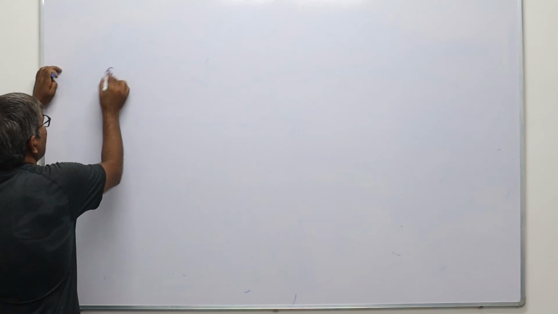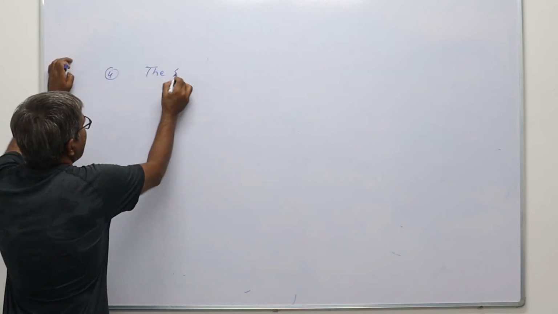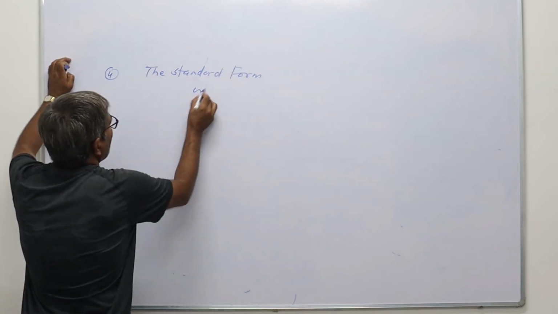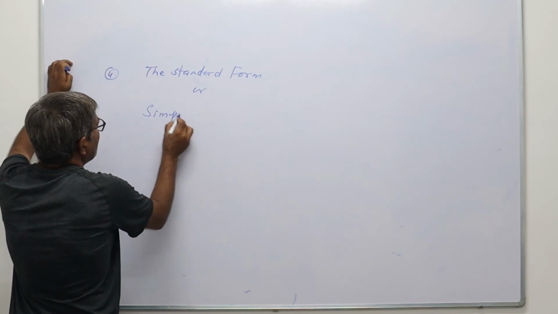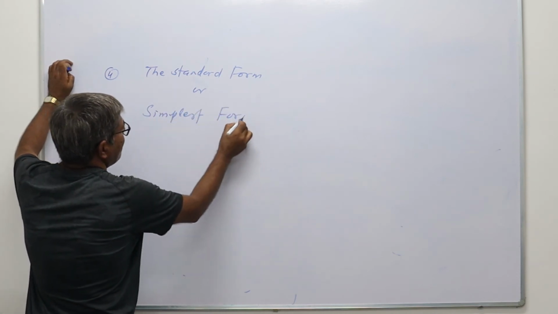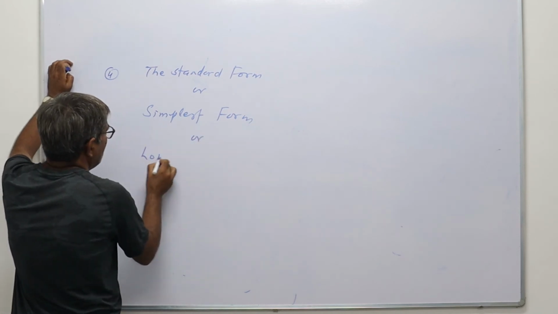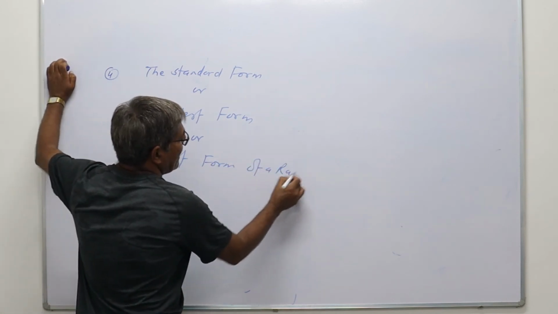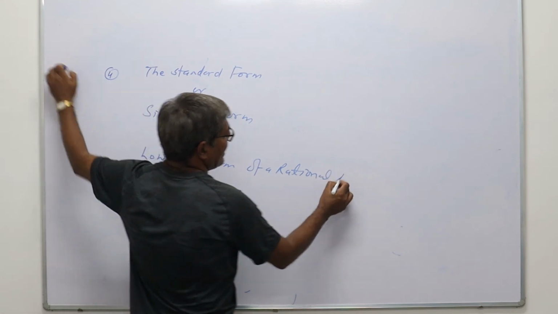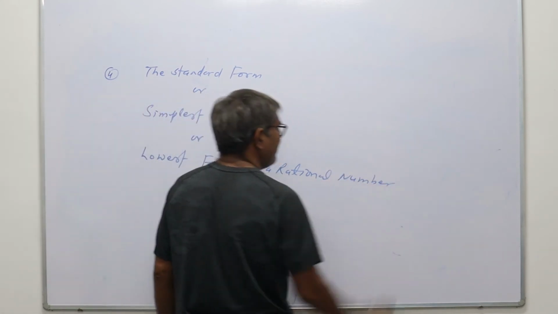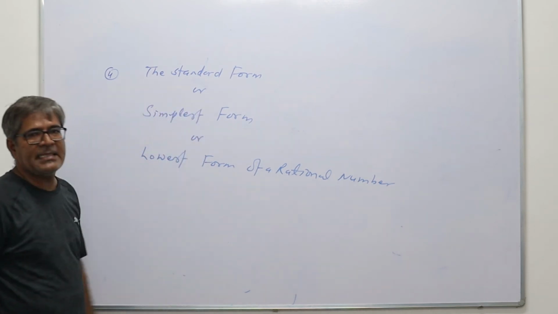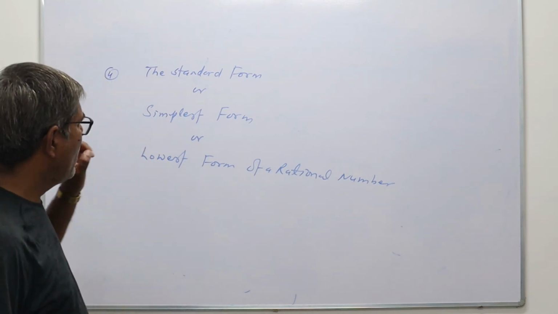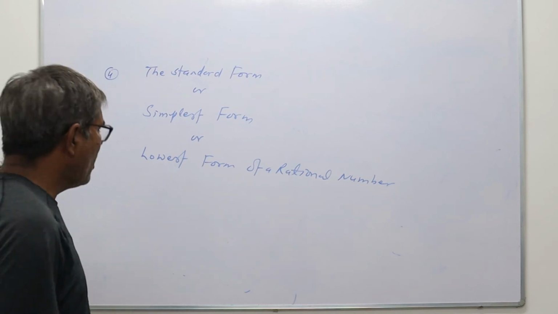So next topic, fourth one, the standard form or simplest form or lowest form of a rational number. It's a very important topic. Which form of the given rational number will be known as standard form or the simplest form or the lowest form?